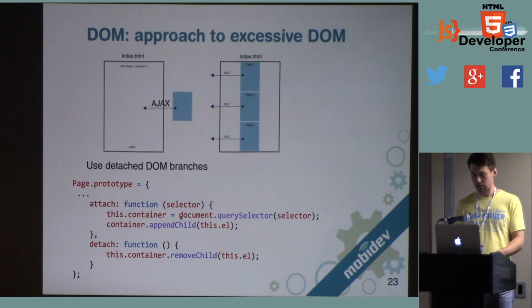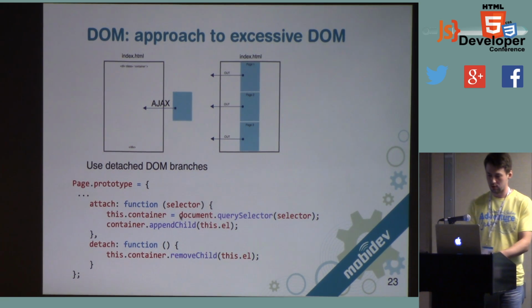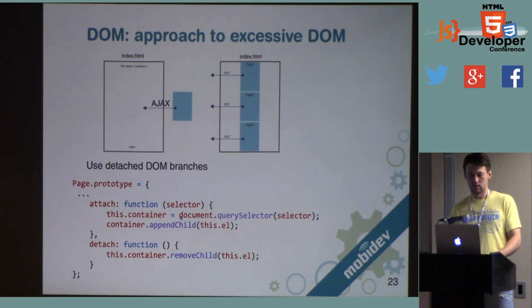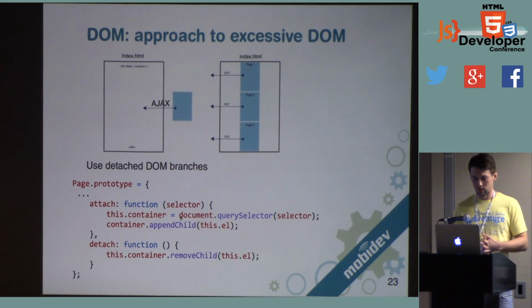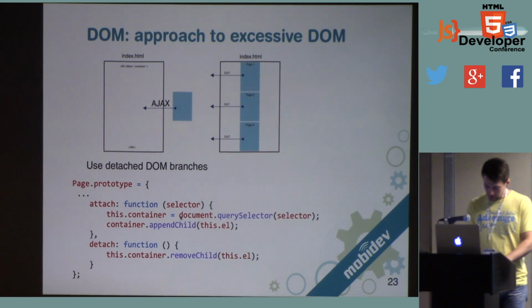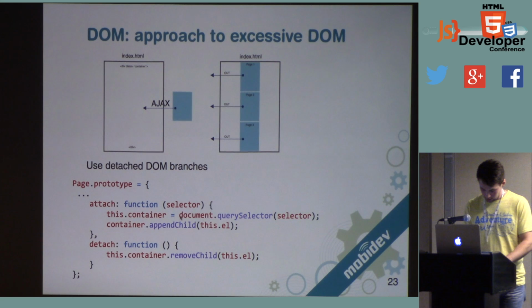How can it be done? It's actually pretty easy. You can define attach and detach functions, which will show and hide your screens in your mobile web application. You can see it in the code.